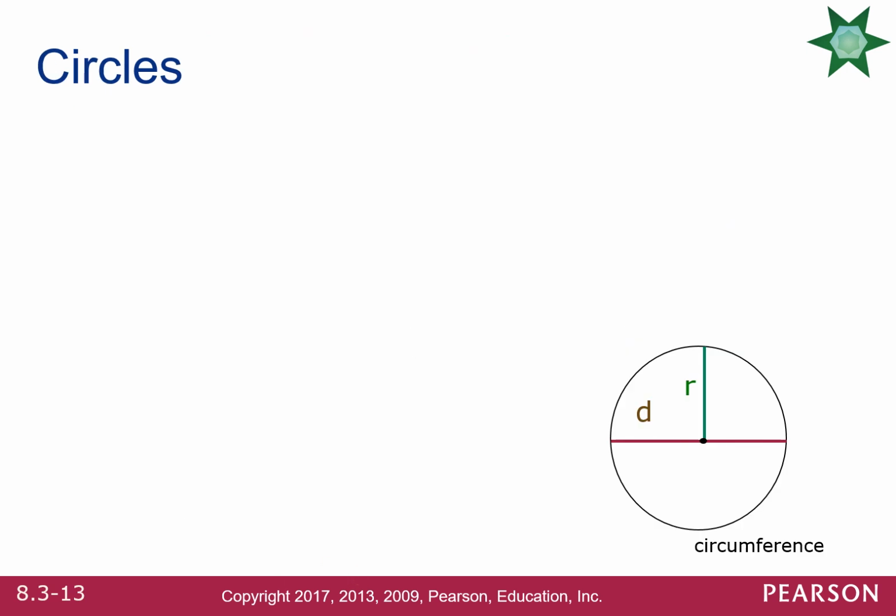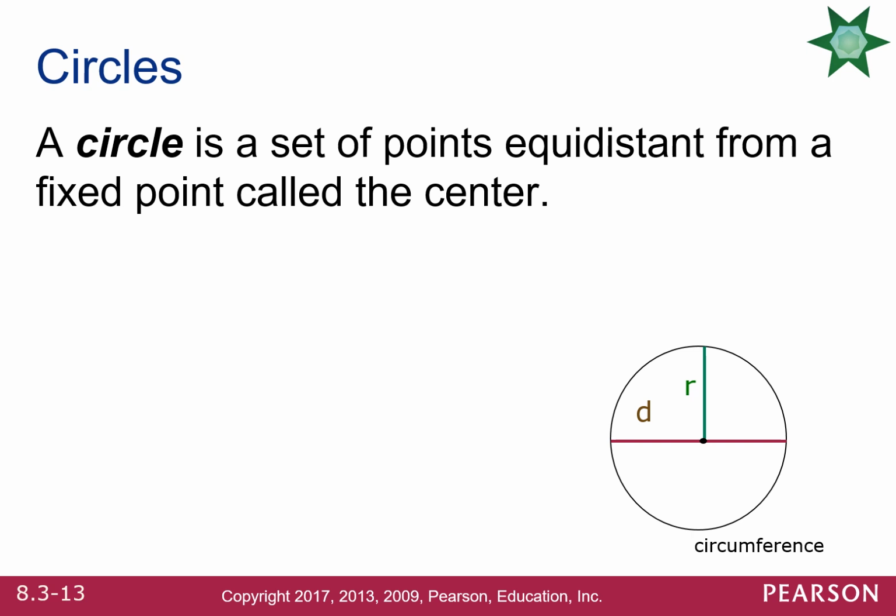We'll now talk about a different geometric figure called circles. So let's go through the properties of circles. A circle is a set of points equidistant from a fixed point called the center. Over here we have a picture of a circle, and we have a center point in the middle.